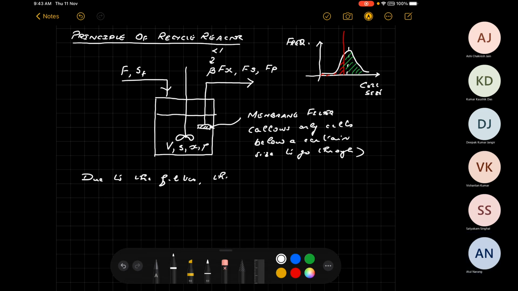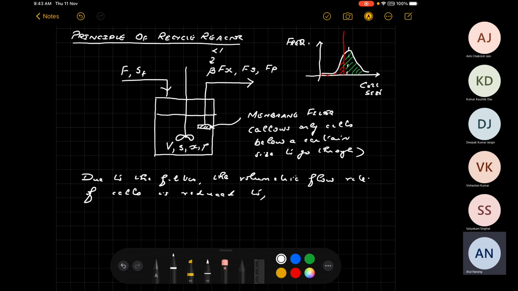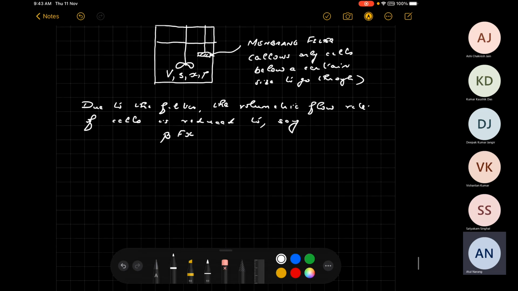So due to the filter, the volumetric flow rate of cells is reduced to say beta times F times X. But the volumetric flow rate of substrate and product is unchanged.